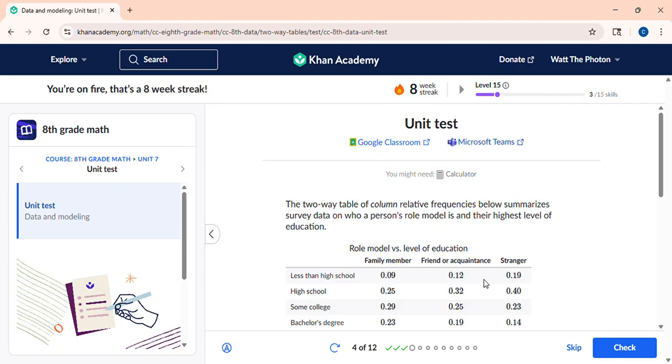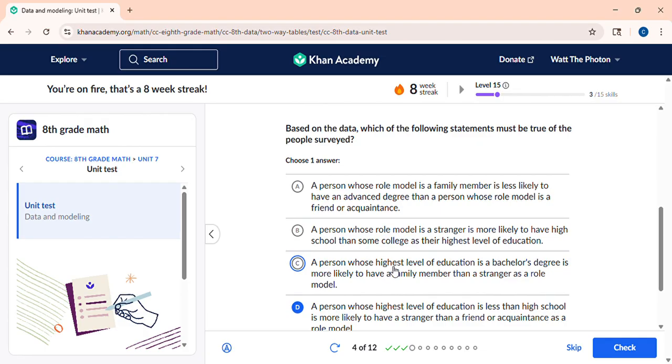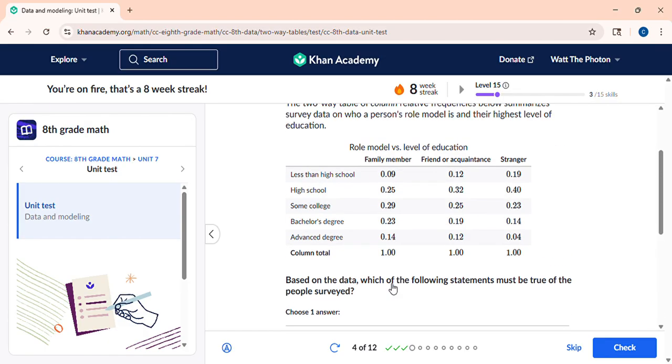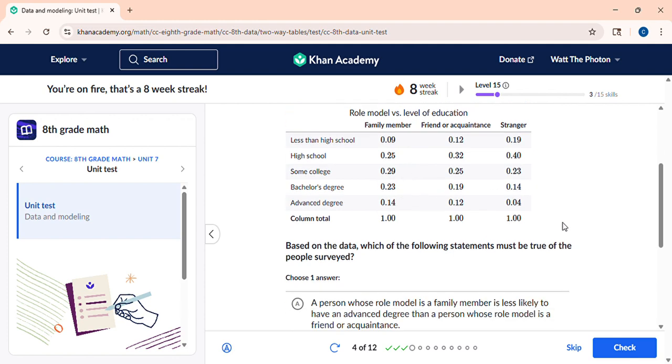Yeah, that seems right. Let's look at the other options. So bachelor's degree, then family member versus stranger.